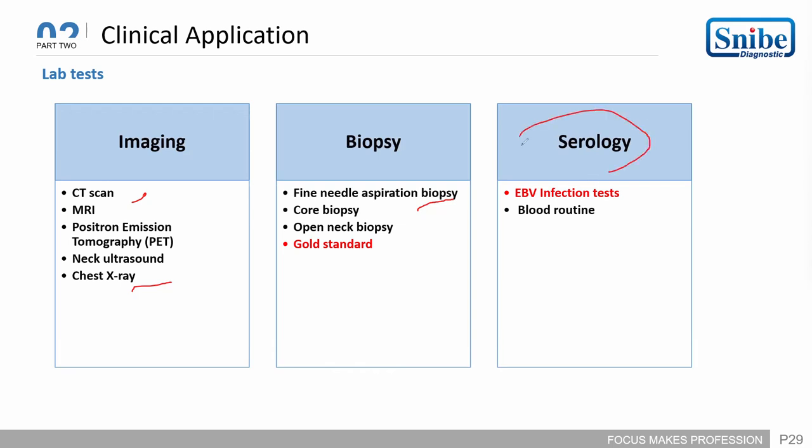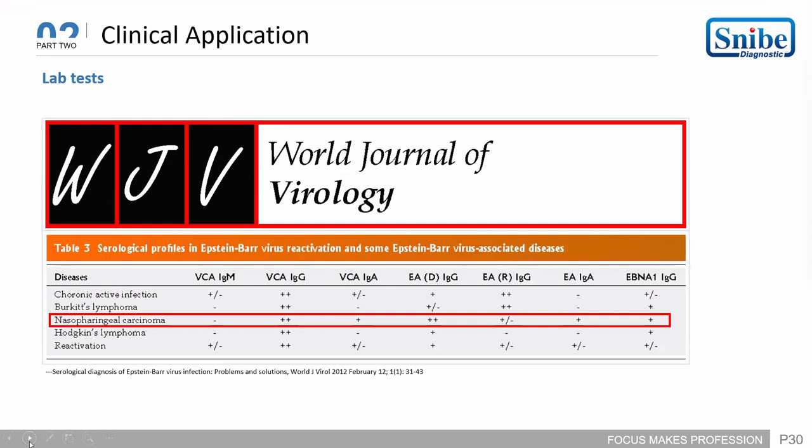If we talk about serological testing, yes, SNIBE has a solution for EBV infection testing with routine blood samples; both serum and plasma are applicable for serological testing on the automatic platform of the SNIBE instruments. According to the World Journal of Virology, to rule out nasopharyngeal carcinoma, there is a serological profile for Epstein-Barr virus reactivation and some Epstein-Barr virus associated diseases.